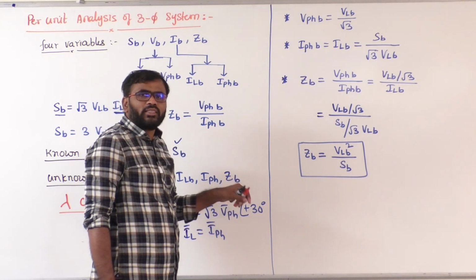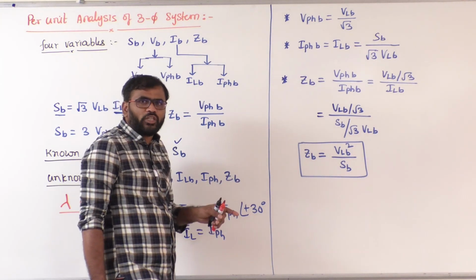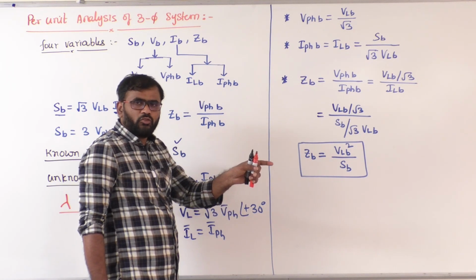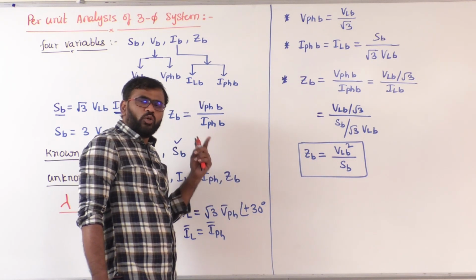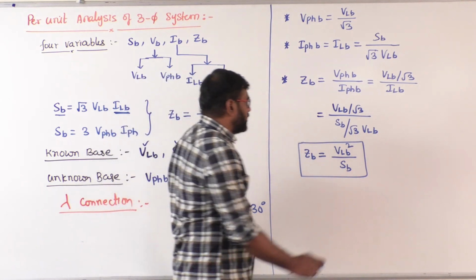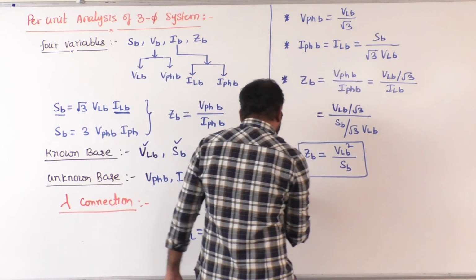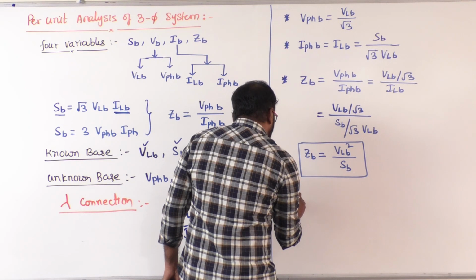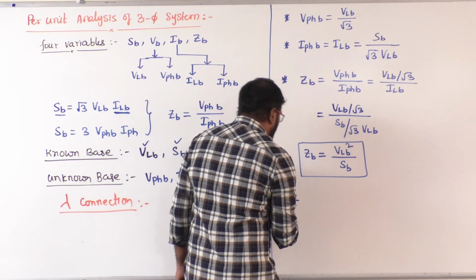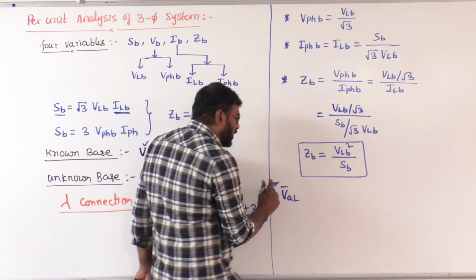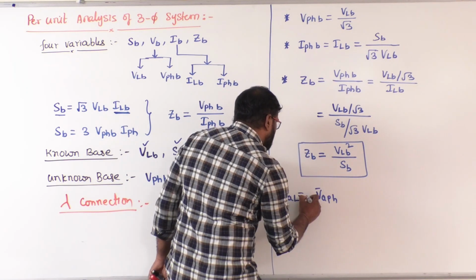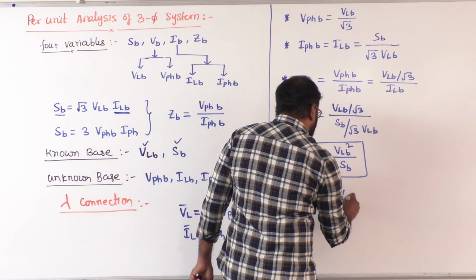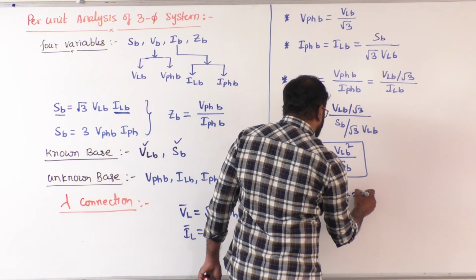Now we will see what is the relation between per unit line voltage and per unit phase voltage, and per unit line current and per unit phase current. Sir, we know that in case of star connection, the actual line voltage equals root 3 times the actual phase voltage at an angle plus 30 degrees.